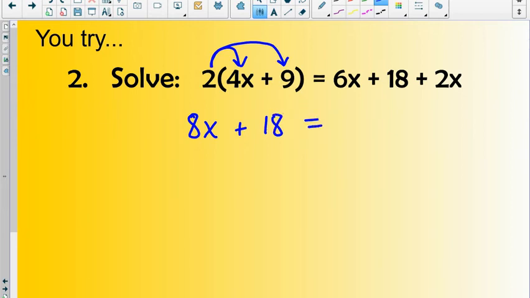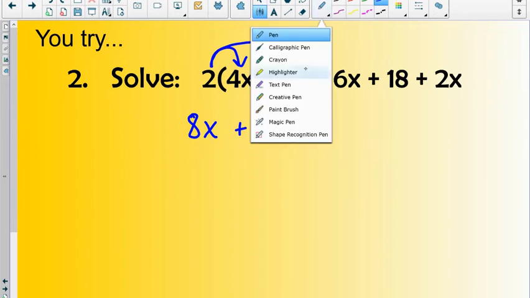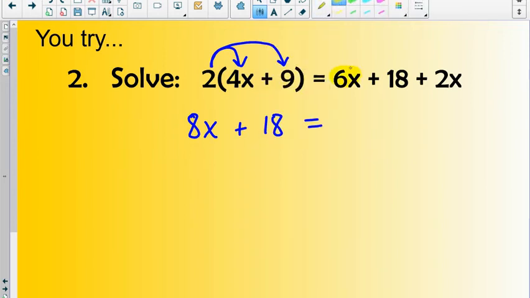On the right-hand side of the equation, there are no parentheses, so I do not have to distribute. But I do notice that I have two variable terms. I have a 6x, and I have another positive 2x. If I add those together, 6x plus 2x, I'll get 8x. And then I bring down the plus 18.